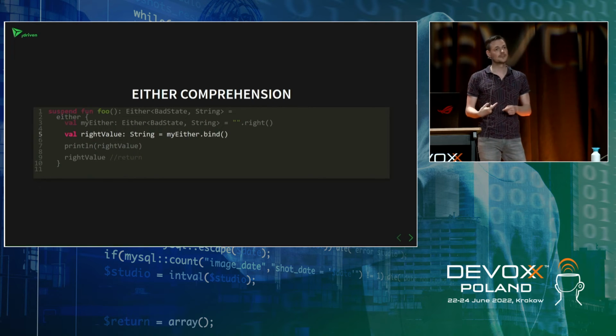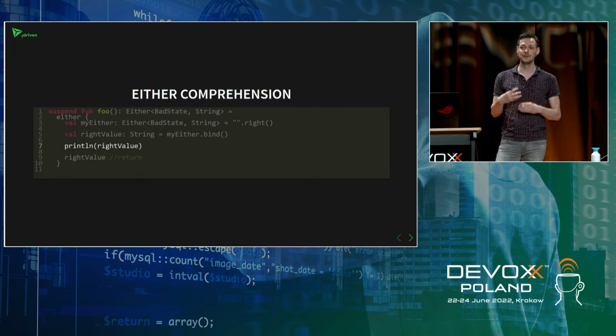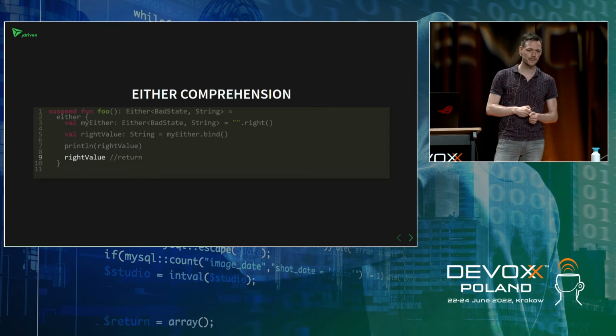What it basically does is, if it's an instance of right, it gets the value out of it and puts it into that variable. If it's an instance of left, it will short circuit and return that left out of this function immediately. So the moment we arrive at this line, we know for sure the previous line went correctly. And in the end, we can return it.